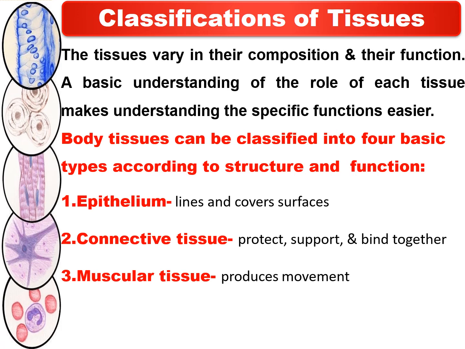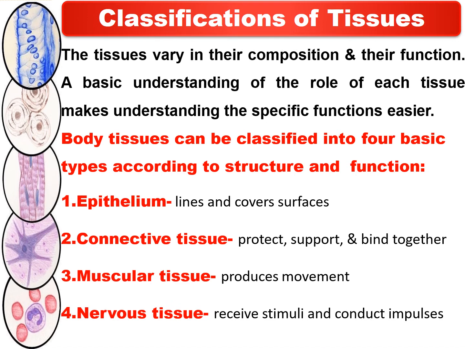The muscular tissues are responsible for the movement and locomotion of the organ and the organism. Then the fourth one is called the nervous tissues. The nervous tissues help in receiving stimuli and conduct impulses, so they play an important role in communication among the cells and the organ systems.